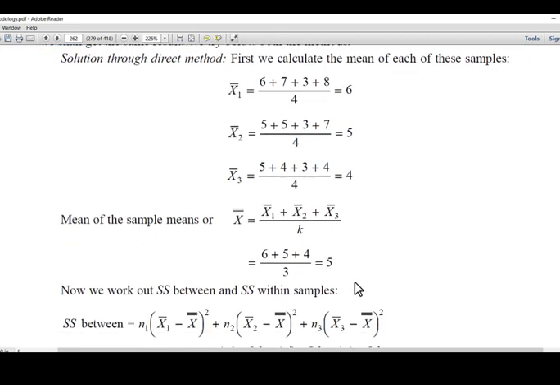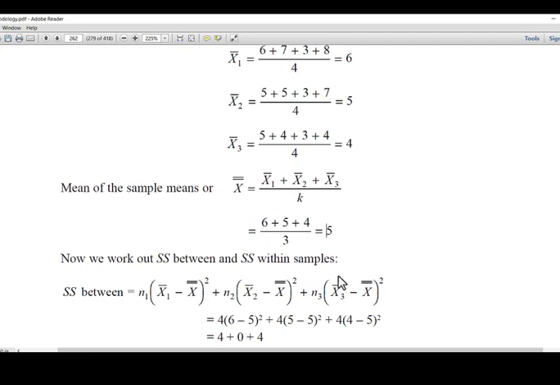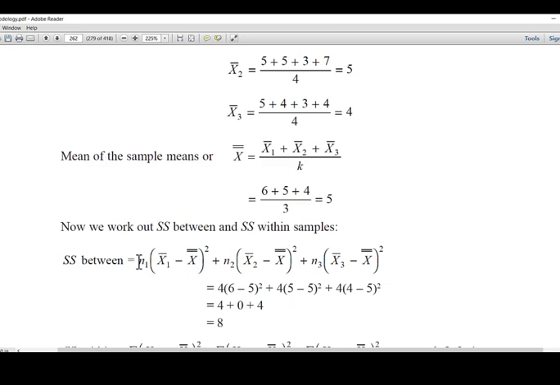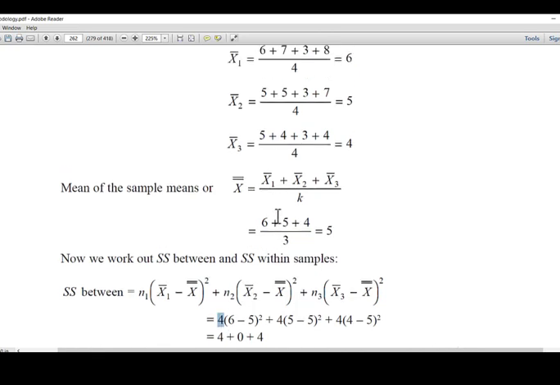Now we work out SS between and SS within samples. SS between is given by this equation, n1 into x1 bar minus x double bar whole square plus n2 into x2 bar minus x double bar whole square plus n3 into x3 bar minus x double bar whole square. Now n1, the number of items in the first sample, is 4, and x1 bar is 6, and x double bar, the mean of the sample means, is 5.